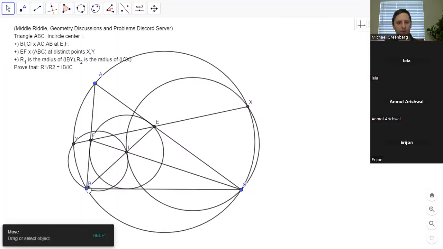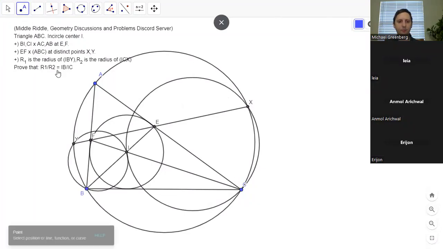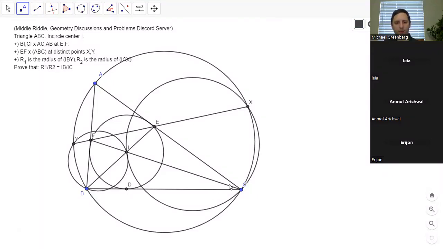So IB over IC, we kind of know what that is in terms of the angles of triangle ABC. So sine of B over 2 is IB over IB, and sine of C over 2 is IB over IC. So this is really sine B over 2 over sine C over 2, or maybe the other way around. And we want to show that that's the ratio of the radii of these circles.